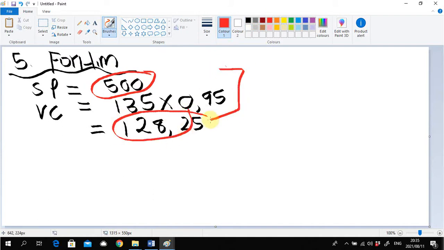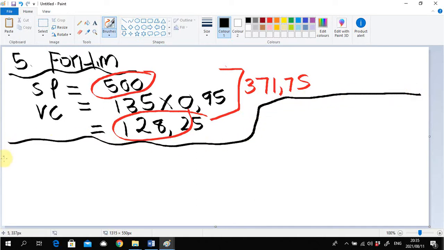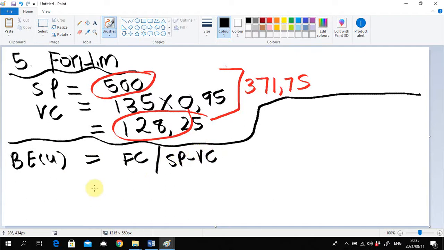So now we can again calculate our contribution margin. And our contribution margin will be 500 minus 128.25. And that is 371.75. Right, so for required number 5, we need the break even again. So let's just write it like this. Break even in units is again our fixed cost divided by our selling price minus the variable cost per unit.